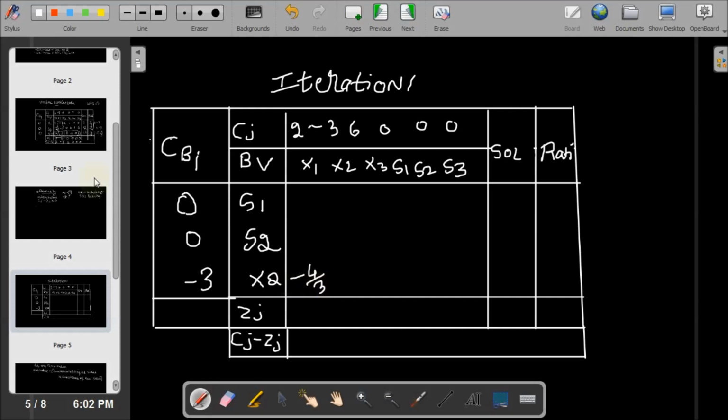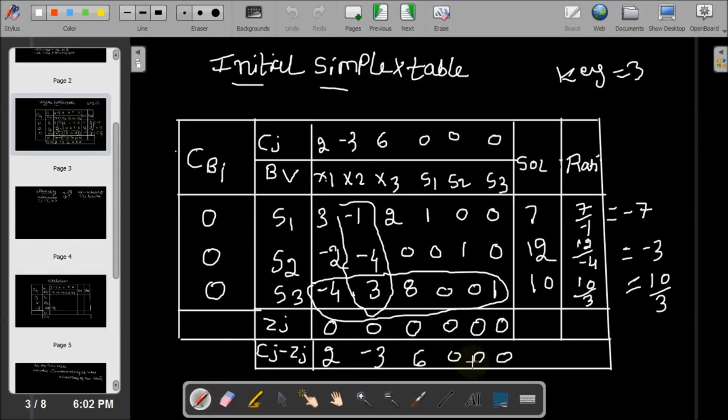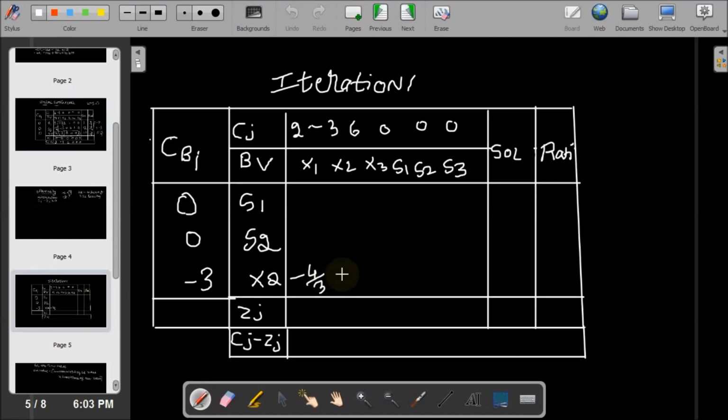What I did here is very simple. First I took the first element and divided it with the key element, 3. The next element is 3, the key element is also 3, so 3 by 3 is 1.